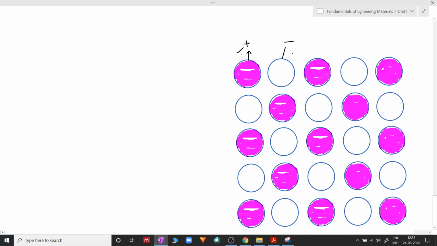If any cation is missed in this lattice, like this, then to balance the charge, one anion in the material will automatically disappear.